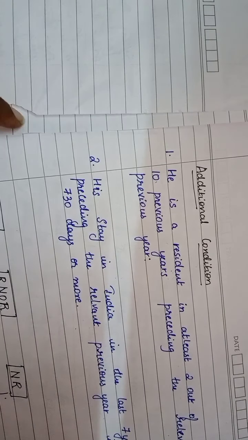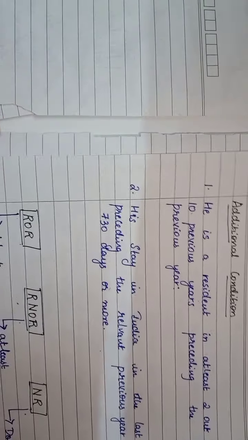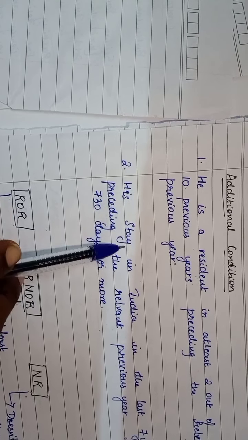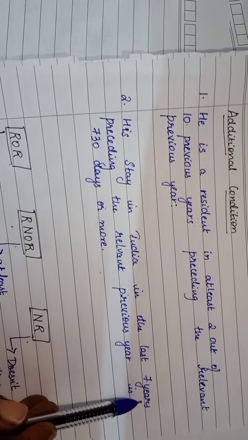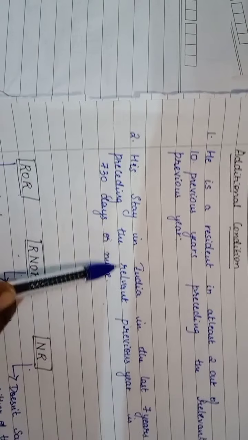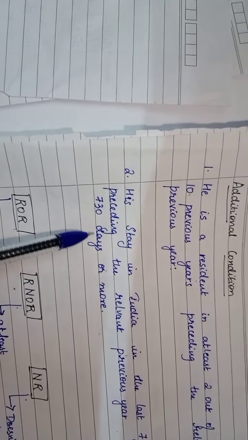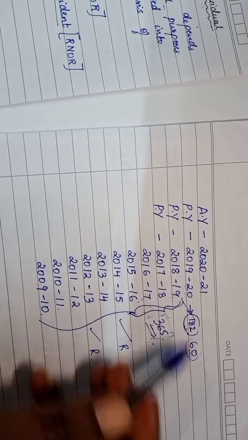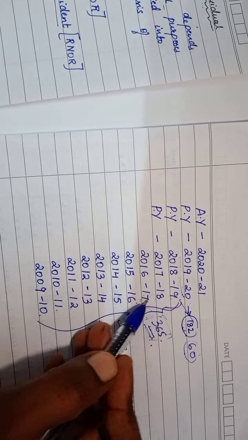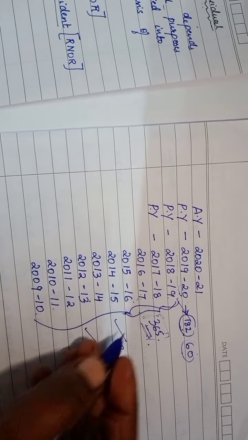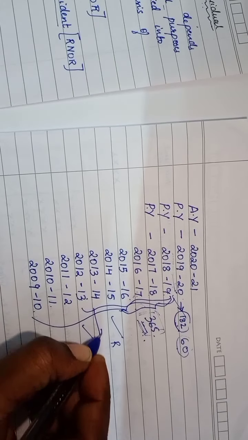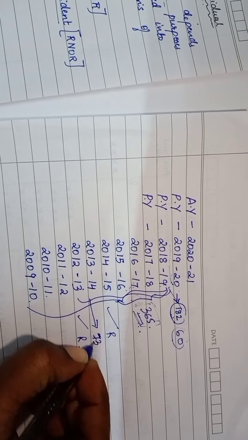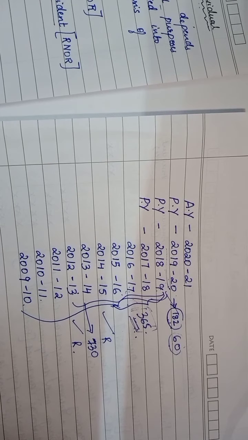So if he satisfies that, we have to check the second additional condition also. The second additional condition tells you that his stay in India in the last 7 years preceding the relevant previous year is 730 days or more. That is, you have to leave this year and count the 7 years preceding it. During these 7 years, his stay must be at least 730 days or more.